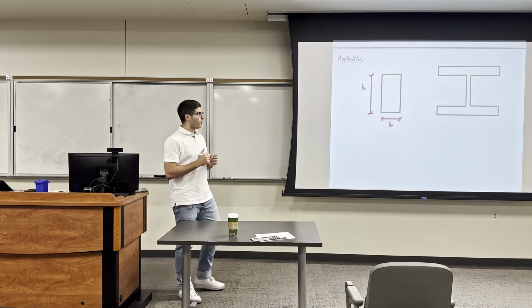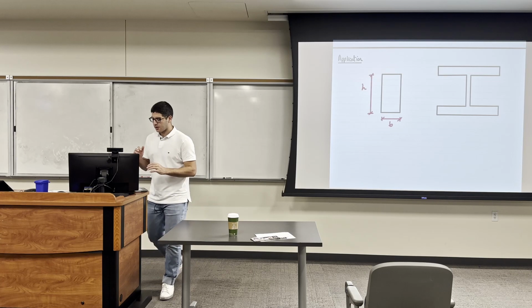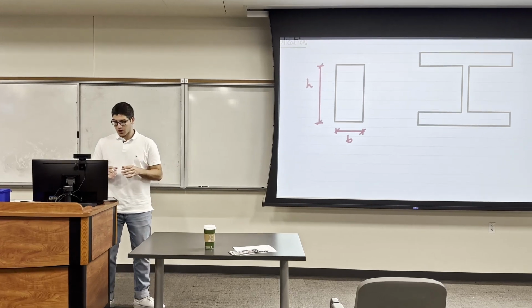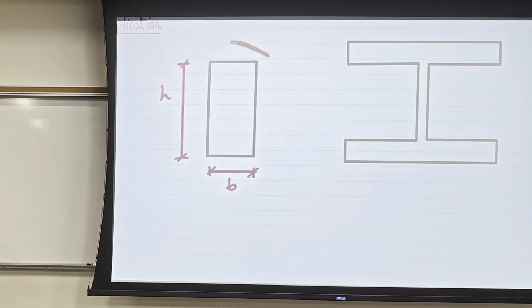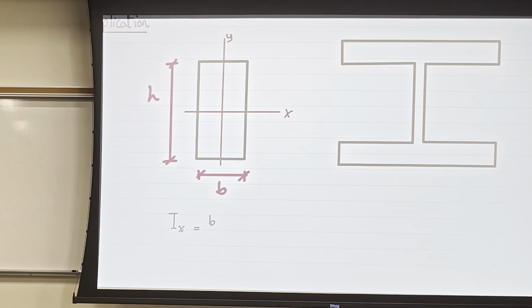Hello again. So I'm gonna continue what was left from the lecture. It's just 2 slides. It's an example, and then here is just a review on what we did. So if we do have an area like this, and I ask what is the moment of inertia about, I would say, x or y, here I want you to use the equation: Ix will be bh cubed over 12, and Iy will be hb cubed over 12 only.